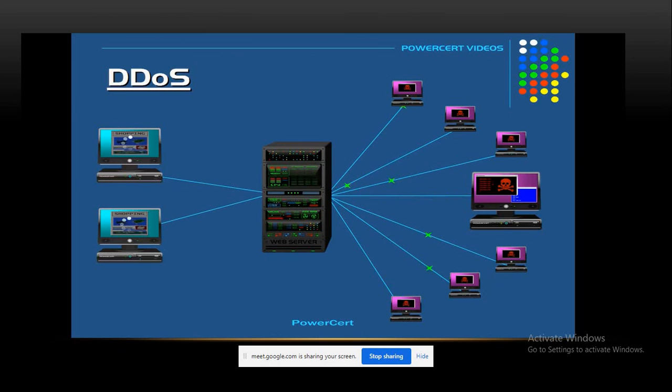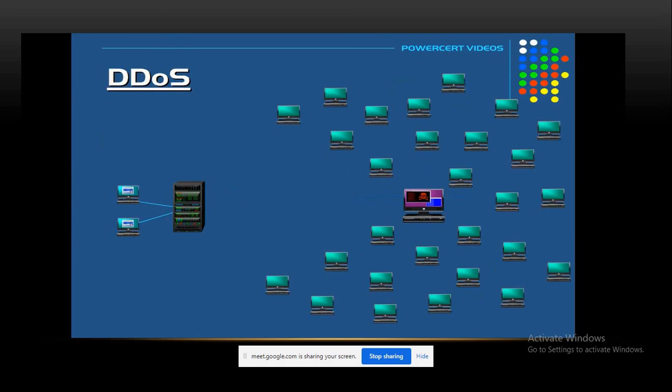So the question is, how does the attacker get other computers involved in a DDoS attack? The simple answer is by using malicious software. The attacker will develop a malware program and distribute it over the internet, putting it on things like websites and email attachments.